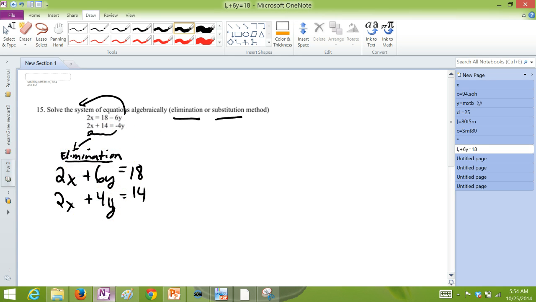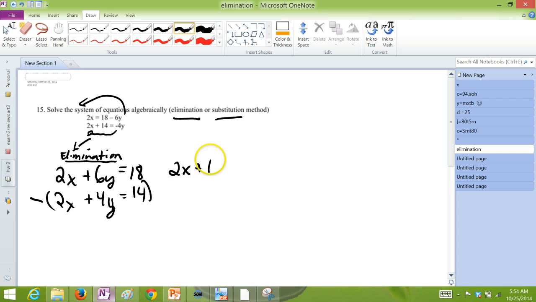Elimination method is where you're going to add the equations together in order to get one of the variables to cancel. To make that happen, you need them to be the same number like this is, but opposite signs. 2x minus 2x is 0x's, and so what we're going to do basically is take this entire equation and multiply it by -1.